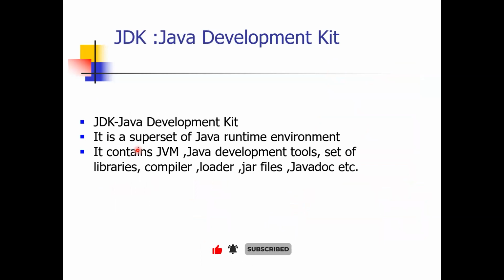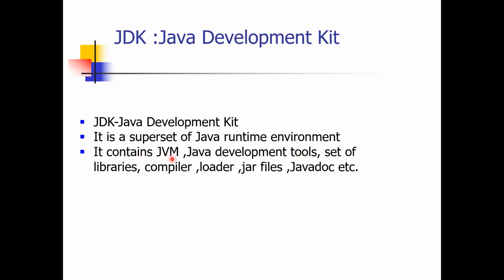Next is the Java Development Kit. Means if you want to run Java in your system, then you have to install JDK. What is JDK? JDK is Java Development Kit. It is a superset of the Java Runtime Environment.